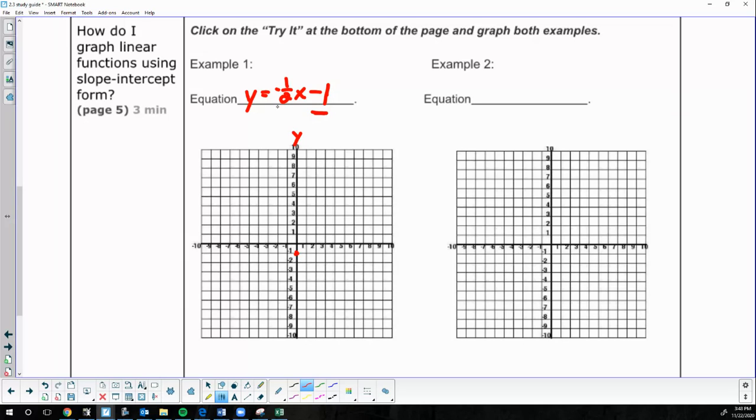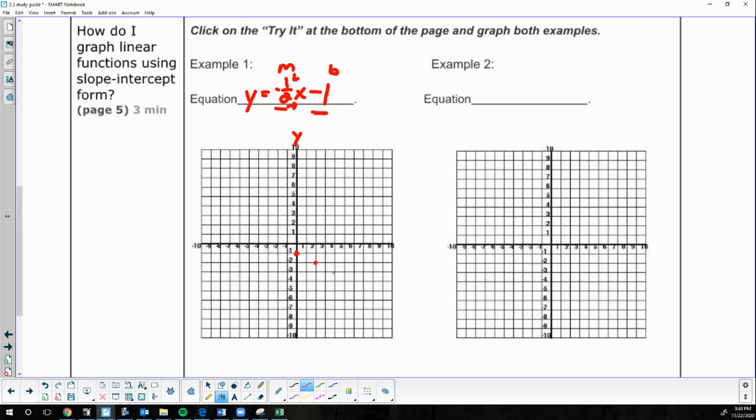The next and all the other points come from the slope. So we've got our b is here, this is our m, and remember that this is a -1, so this means down 1 and over 2. So from here, I go down 1 and over 2, and that shows me the location of my next point.